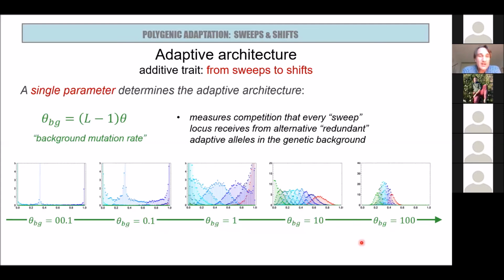And then alleles start to increase in frequency at very, very many loci in parallel, right? So we get a collective picture where very many loci contribute to the adaptive response. And each single one does only a small shift. So sweeps on this side, we could call partial sweeps here, and we have shifts on that side.